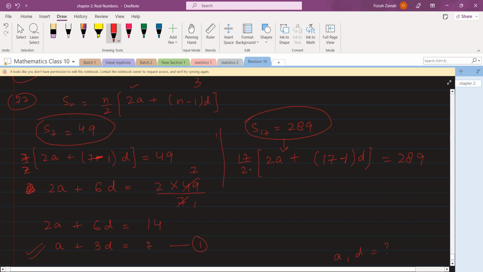Just solve it. Okay. So this 2 I'm taking to this side, so 2 into 289, and the 17 I'm bringing in the denominator. So here I'm left with only 2a plus 17 minus 1 is 16d, right? Okay. So this is a perfect square of 17, I think. 17 into 17 is 289, right?